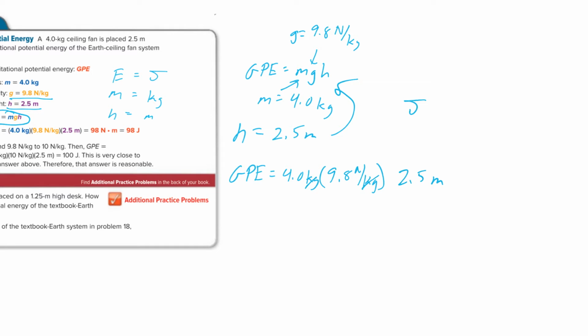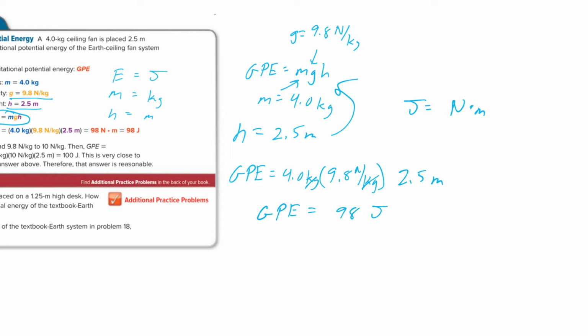And by the way, joules, remember, equal Newton meters, right? So Newton meters is what's left. So we plug all this in. So 4 times 9.8 times 2.5 should give us GPE of 98 joules.